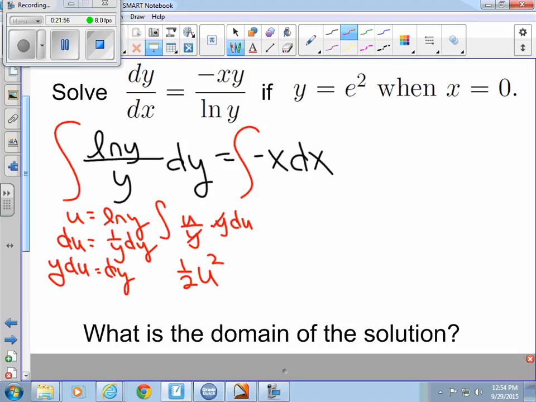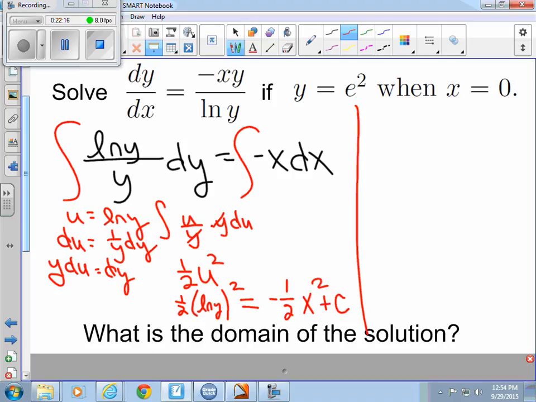And then I need to replace that u with natural log of y. So 1/2 natural log of y squared equals negative 1/2 x squared. So far so good.